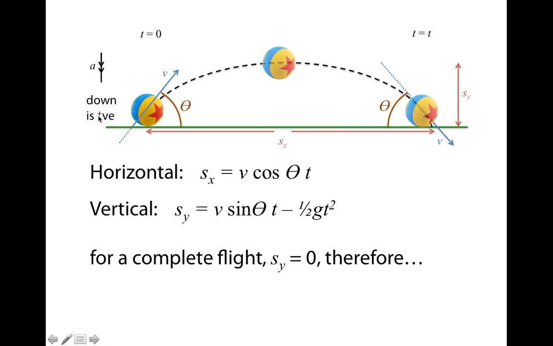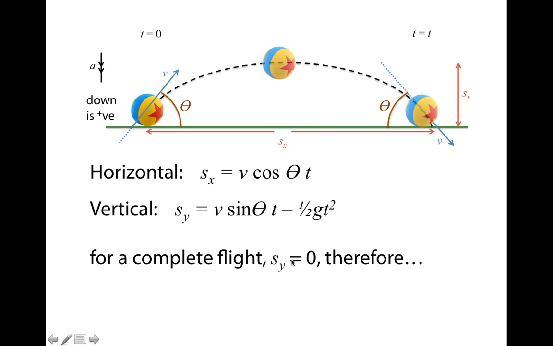We'll make acceleration negative, so s equals v sine theta t minus a half gt squared. This equals ut plus, but now minus because it's down, a half gt squared.